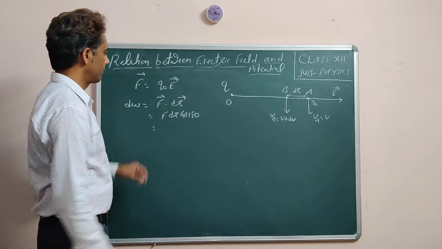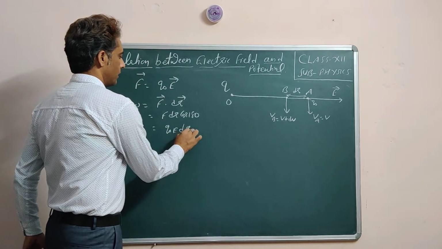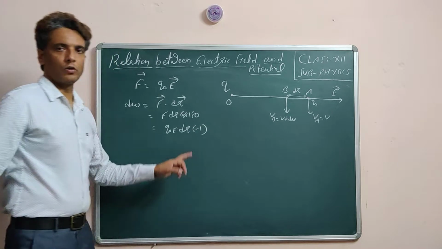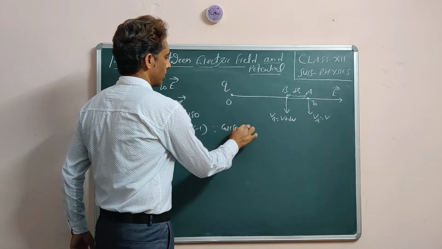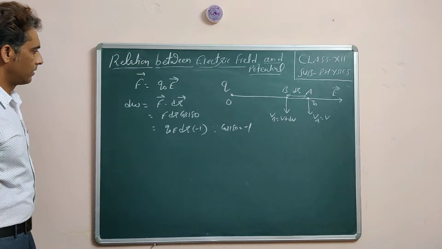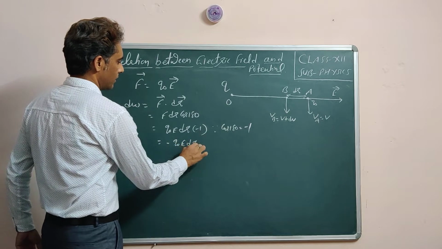Now put the value of this F, so this is Q naught E dr into minus 1, because the cos of 180 is equal to minus 1. So that is equal to minus Q naught E dr.